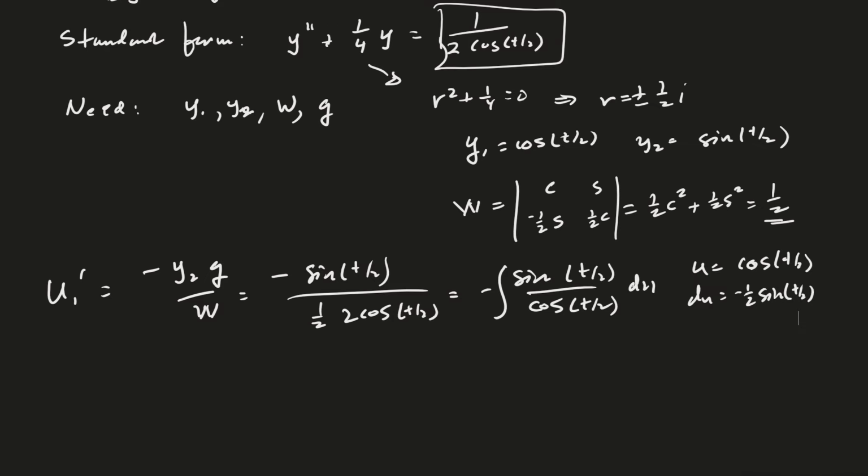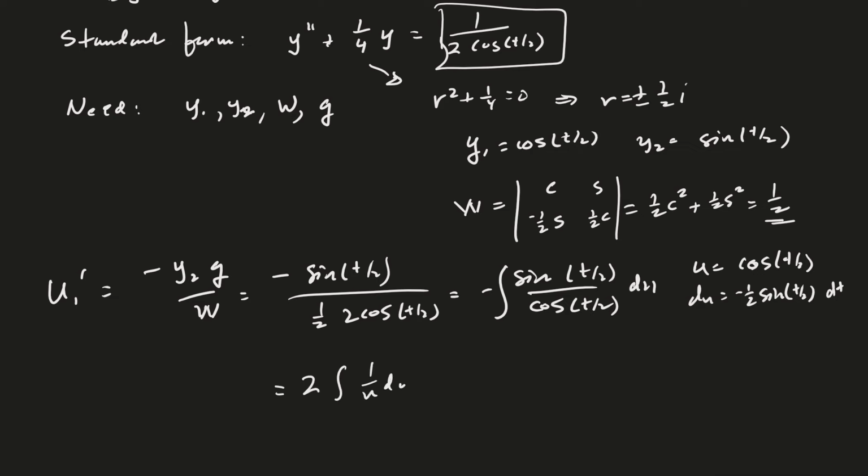My screen flipped around there for a minute. Not sure why that did that, but okay. So now we just plug things in. This is going to be 2 times the integral of 1 over u du. So that's going to be 2 times the natural log of cosine t over 2. Good. And so this is equal to u1.